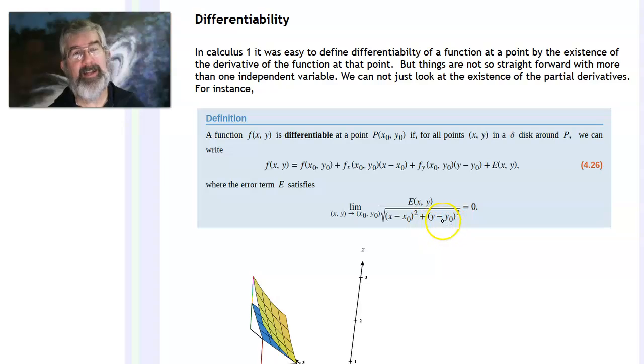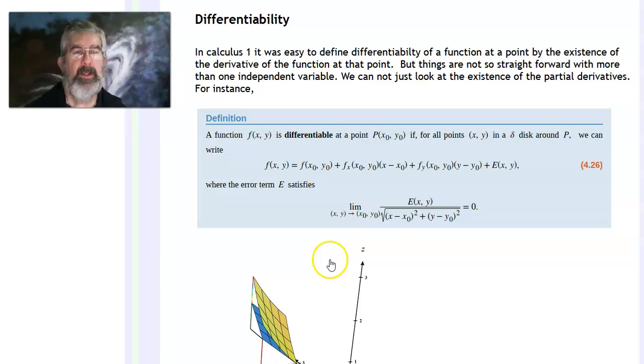This distance is getting small because you're taking the limit as x, y goes to x0, y0. So this is going to be getting small. This has to be getting real small in order for this to be 0. Okay? So two things have to happen here, right? You have to be able to write it this way. And once you can write it this way, this error function has to be getting small fast as you approach x0, y0.